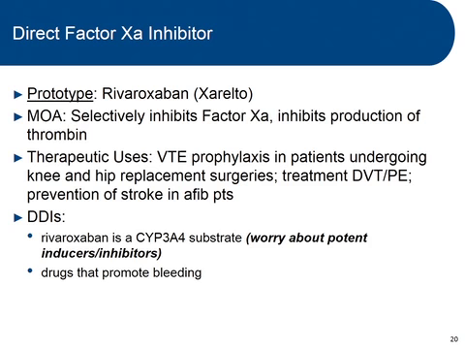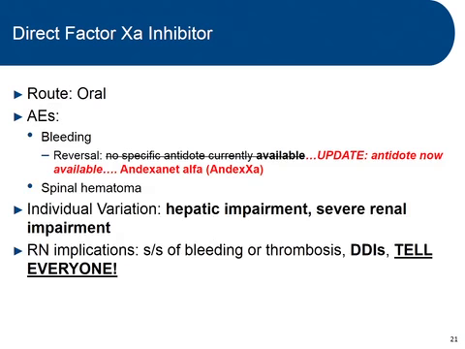It's got fewer drug-drug interactions in relation to warfarin. Now, with that said, you do still worry about potent inducers or inhibitors with this drug, but warfarin interacts with just about everything. So while there are drug interactions with this drug, there are fewer than there are with warfarin. And like I said, it's got a fixed dose, so there's no INR monitoring. And so because of that, this drug is starting to become pretty popular.